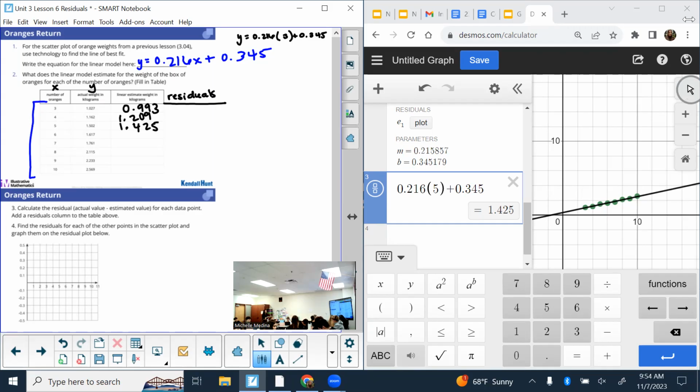Table 9, what about when it's 6? What's the estimated value? 1.6. Okay, good. Table 1, what about when it's 7 for the X? 148.57. Okay, good.